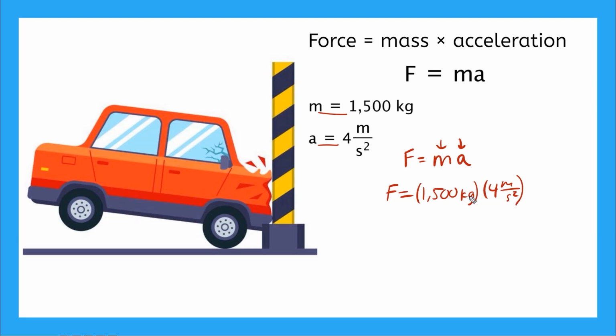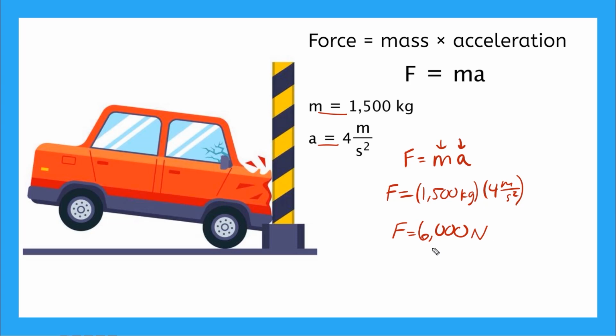Now, it's okay if you don't totally understand how these units work yet. That'll come later. And now all we have to do is multiplication. So 1,500 times 4 is equal to 6,000. So the force is going to be equal to 6,000, and these units turn to newtons.